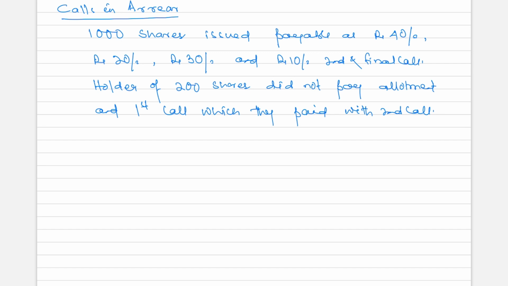Right? So they have not paid the allotment or first call money; in the second call, they paid the allotment money as well as the first call money. Take it this way.